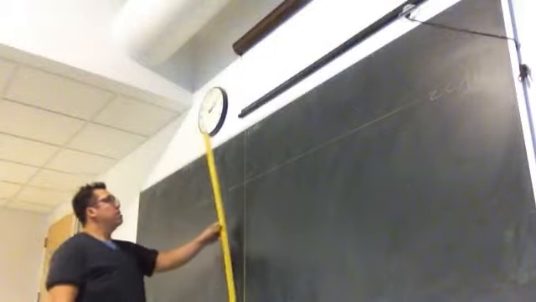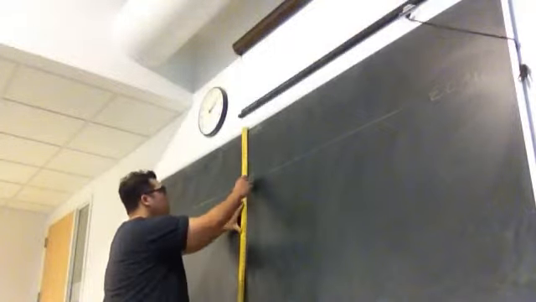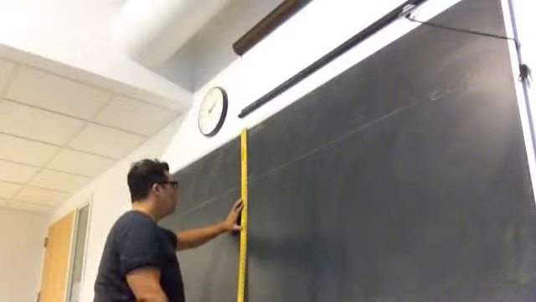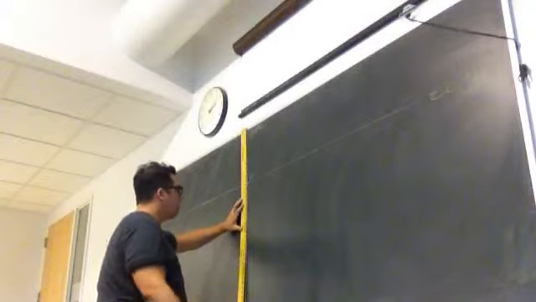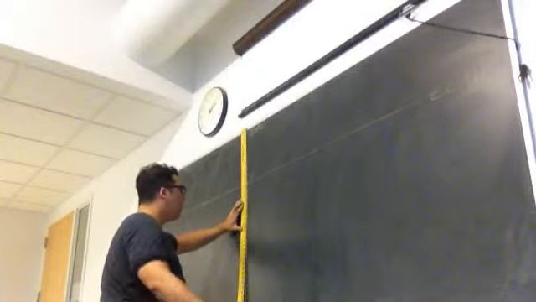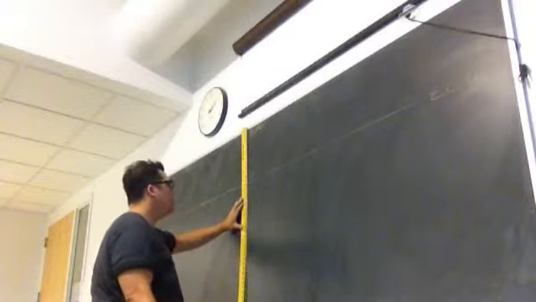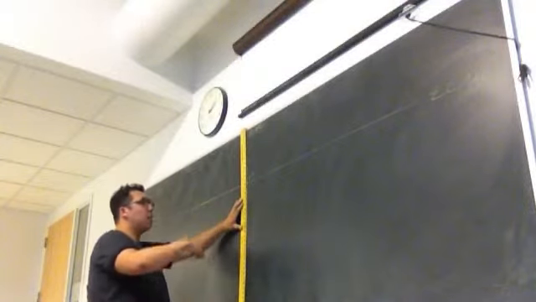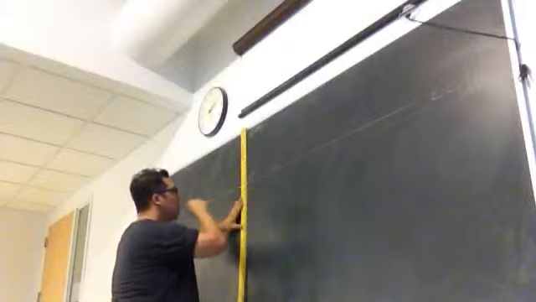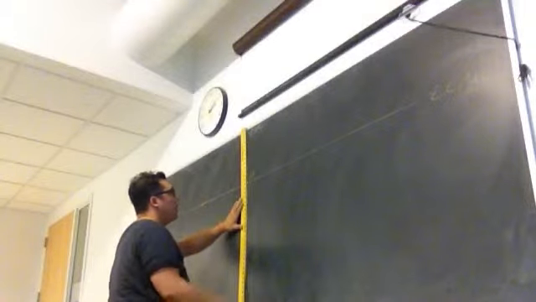Alright. So, let's go. We'll go 5 down for the ground plane, and then we'll go another 3 for the stationary point.